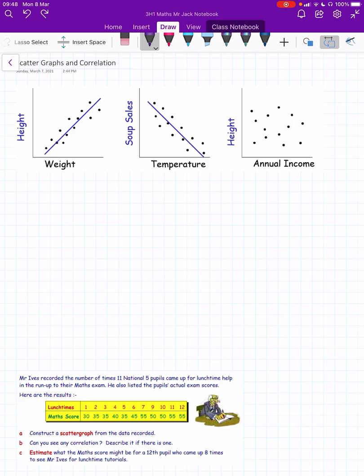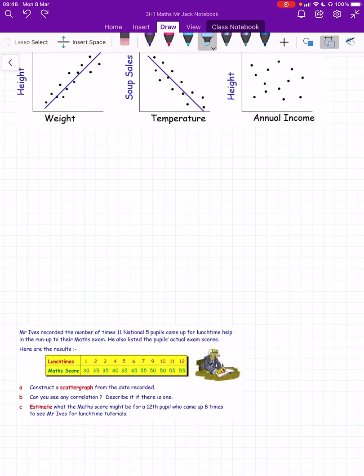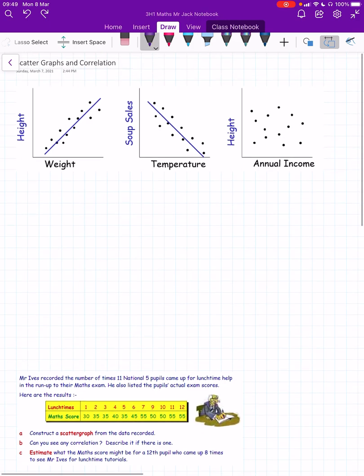If you look at the direction that the points are going in general, as we move from left to right on the weight axis, we are going up the way. So our points are going up as we move from left to right. That is a positive correlation.